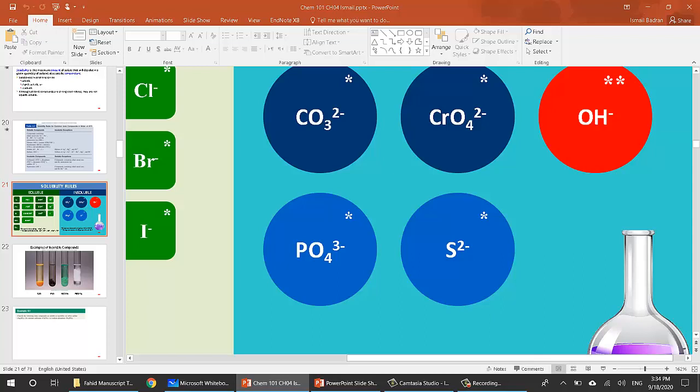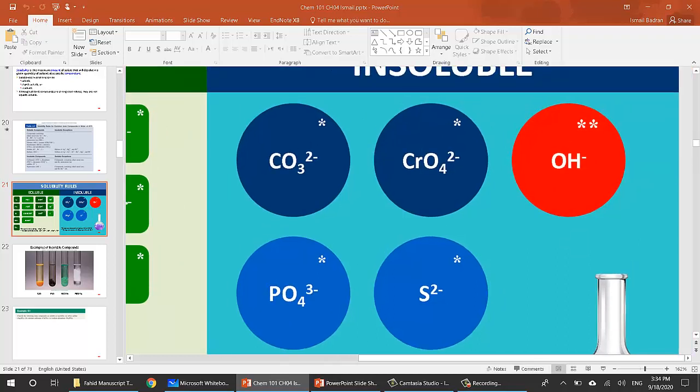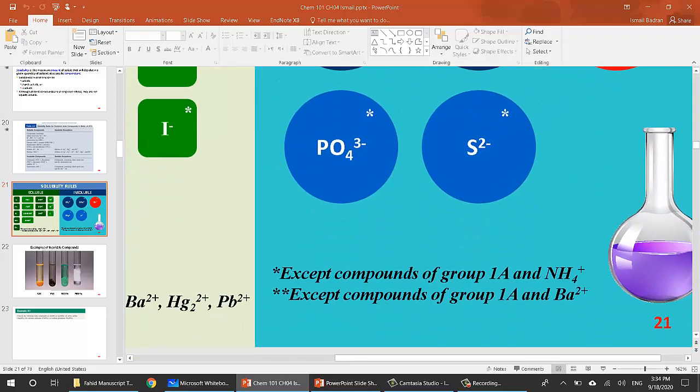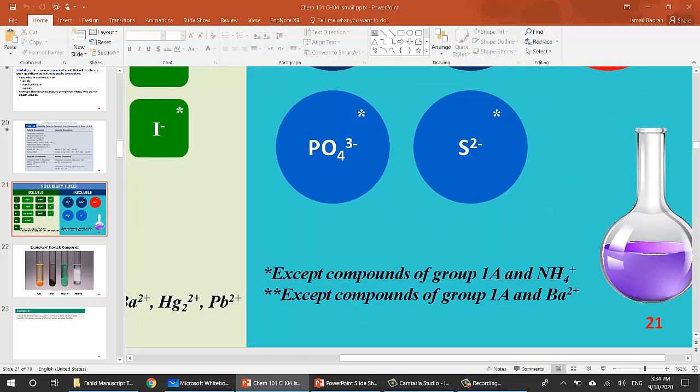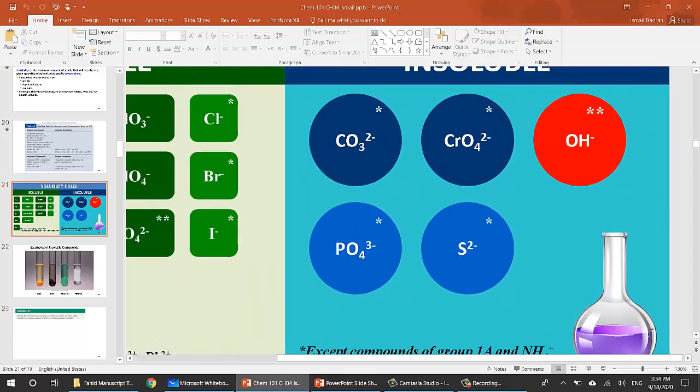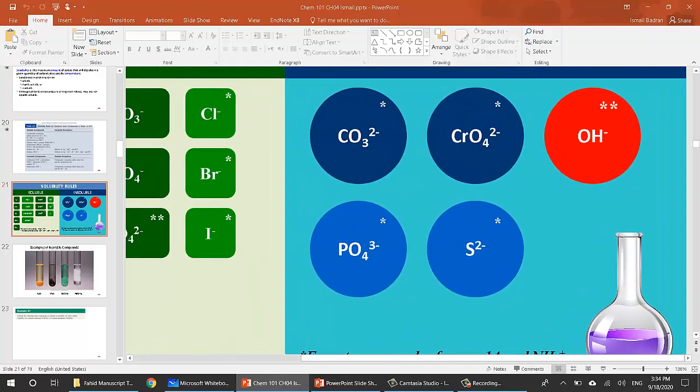But this is confusing now, because NaOH, sodium hydroxide, is soluble. How come it is insoluble here? Well, there are exceptions. It says here that all hydroxides are insoluble except group 1 and Ba2 plus. So NaOH contains group 1 with the OH minus, and that's why it is soluble.